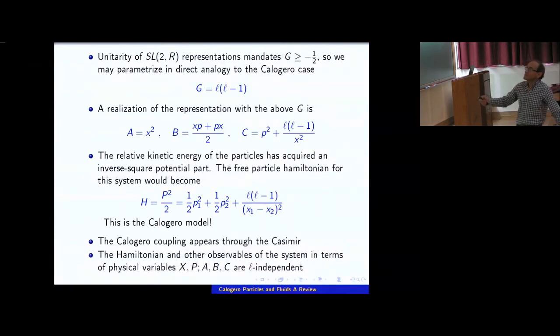I can think of it by giving an explicit realization, a representation in terms of wave functions, if you wish, of these operators, in terms of a coordinate x and the corresponding canonical variable p. But to realize this algebra in a way that the Casimir will come out right, if you do AC plus CA minus 2B, effectively, you see that the realization must contain this extra term. This is required to get the correct Casimir.